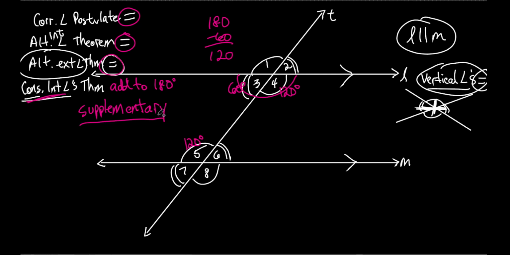That's the word that we use, okay? Learn that word, supplementary. While we're at it, I'm going to show you another word. We're not using it right here, but we could be in a minute. Instead of adding up to 180, adding up to 90 is pretty important. So when two angles add up to 90, they are called complementary.